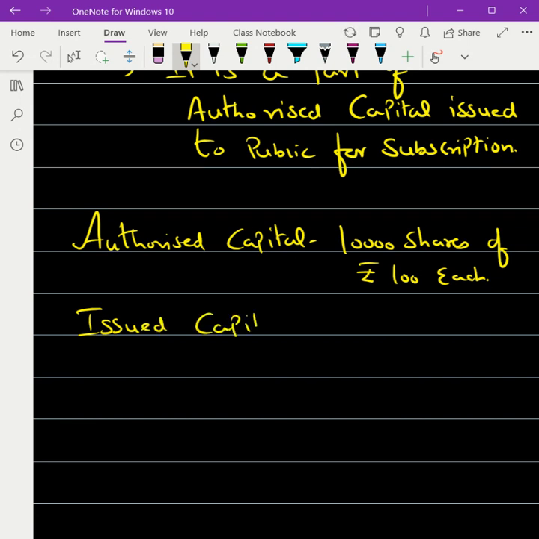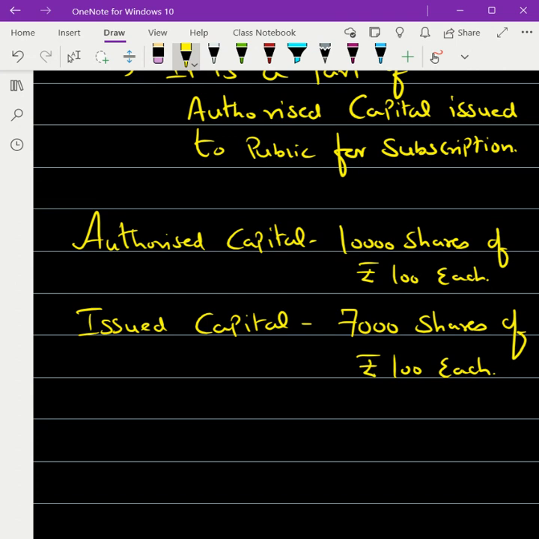The company can bring the entire 10,000 in one single shot, or they will hold on to a few. Say for example, I'm going to hold on to some 3,000 shares. So the company is issuing only 7,000 shares at present, 7,000 shares of rupees 100 each. So now the company has issued only 7,000 shares out of its 10,000 shares of rupees 100 each. Thereby, at present, the company is in need of only 7 lakh rupees.